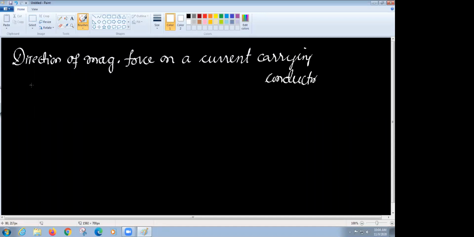From the Lorentz force, the magnetic force we can take like this: I, length of the conductor in vector form, and B, the magnetic induction vector.